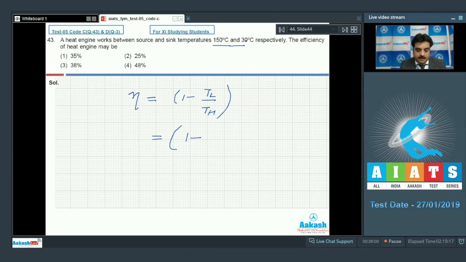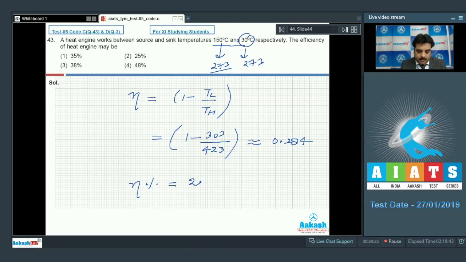Lower temperature means you add 273 to 30, so you will find 303, and higher, when you add 273 to 150, you get 423. On solving approximately you will get 0.284, but in terms of percentage you can write 28.4%.